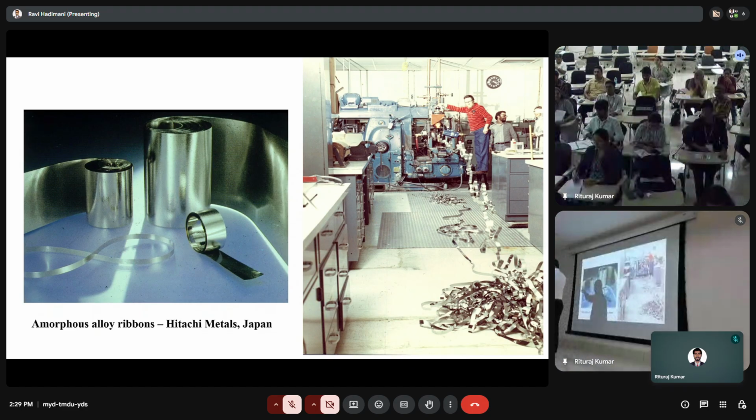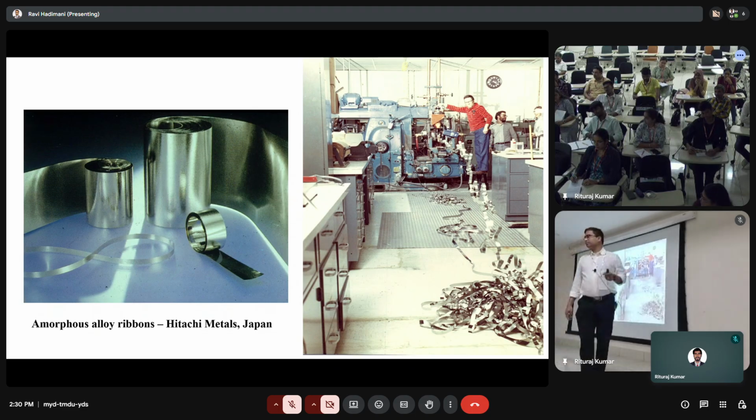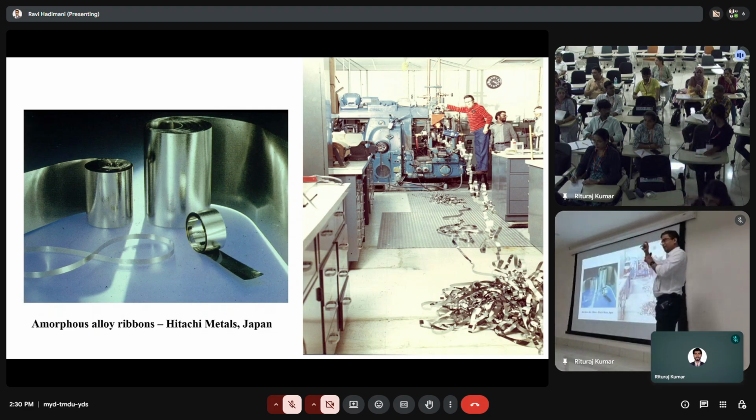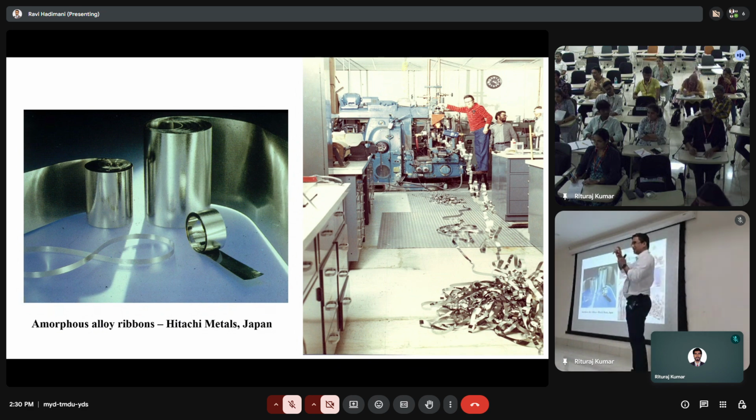You remember XRD will have peaks that represent different planes of a crystal. There is no crystal here. There won't be peaks. Peaks come because, remember Bragg's law, when two X-rays are separated by lattice spacing d, n lambda equals 2d sine theta.